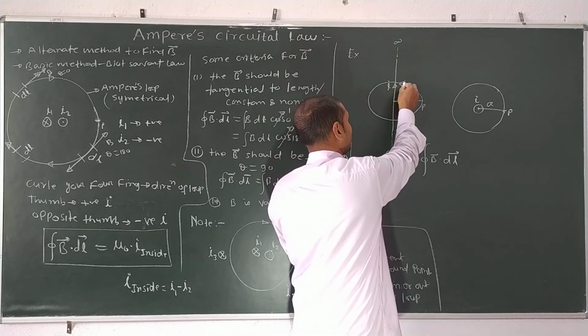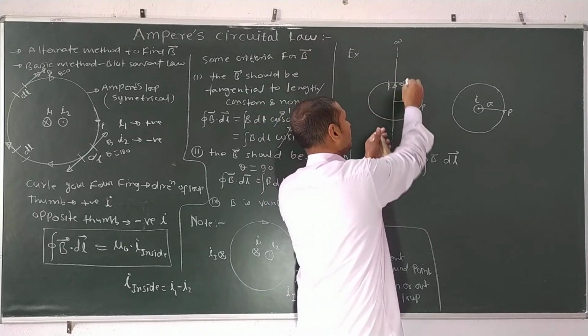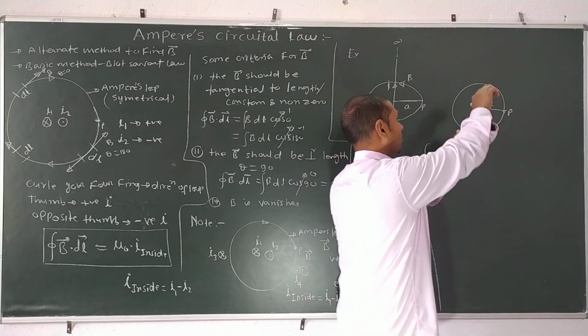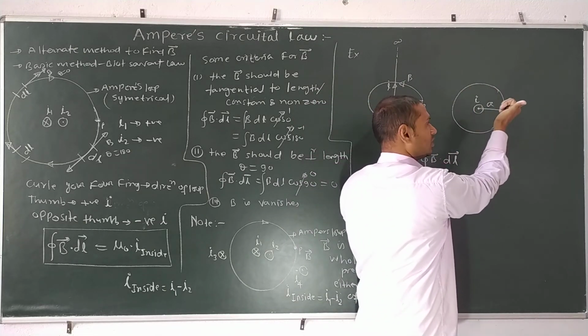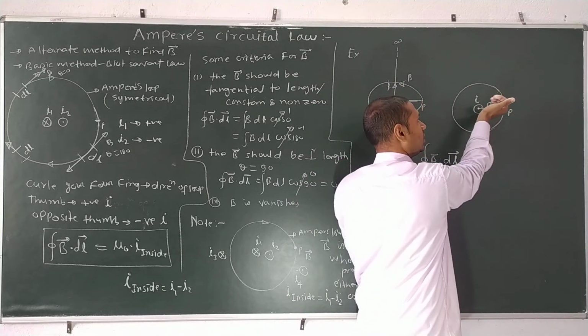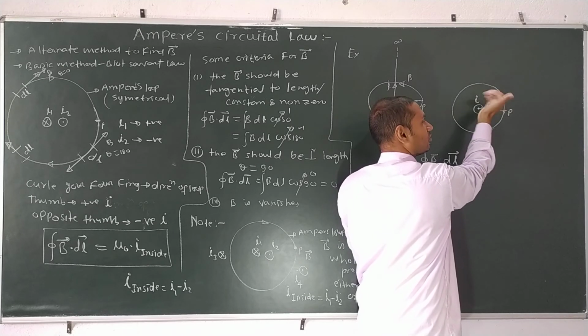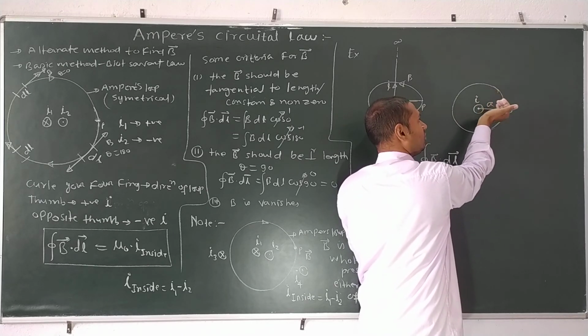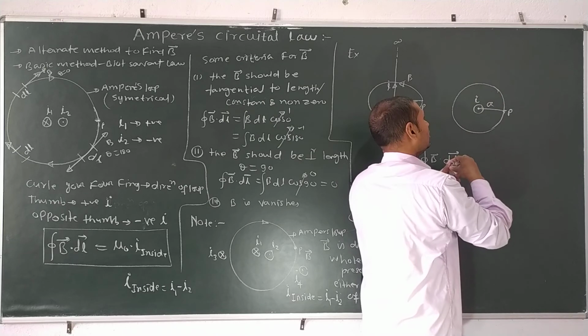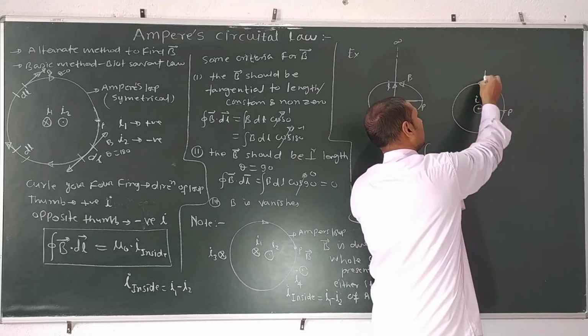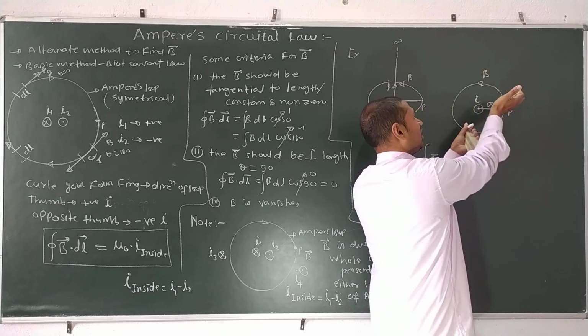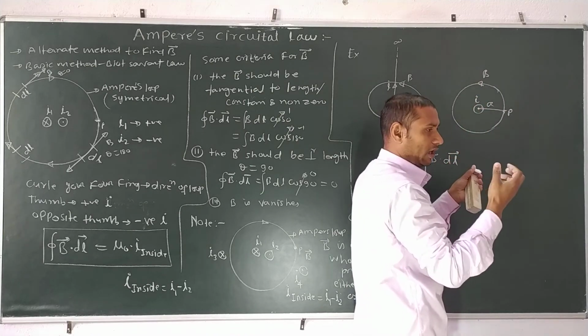The current is outward and we curl our four fingers, so the direction of magnetic field is anti-clockwise.